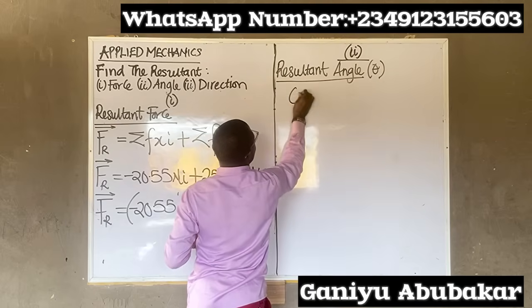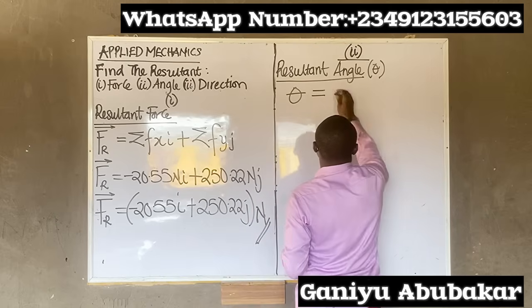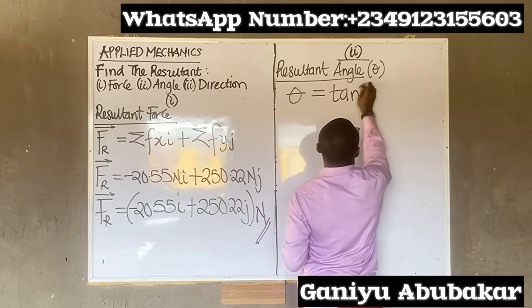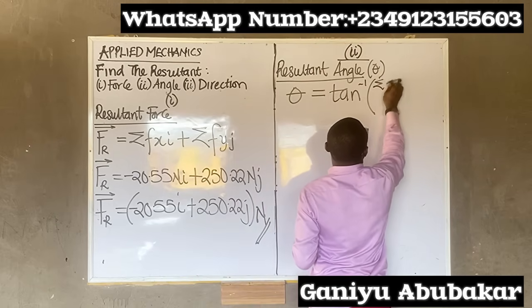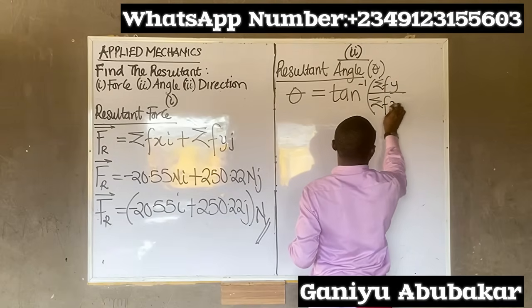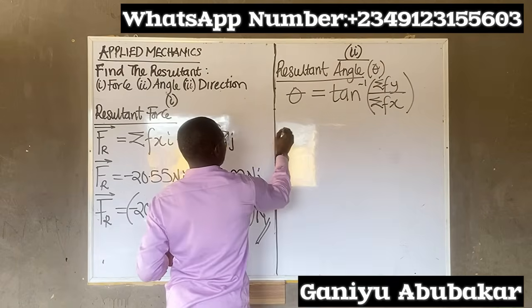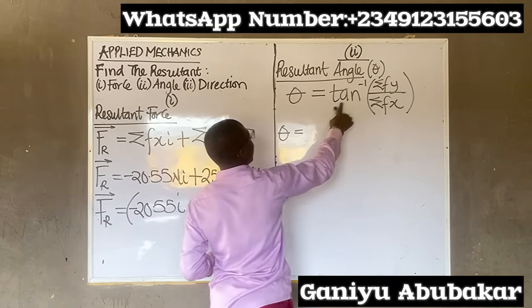We said theta in our last class for this concept is equal to tan inverse of summation f of y over summation f of x. This one gives you theta is equal to tan inverse.